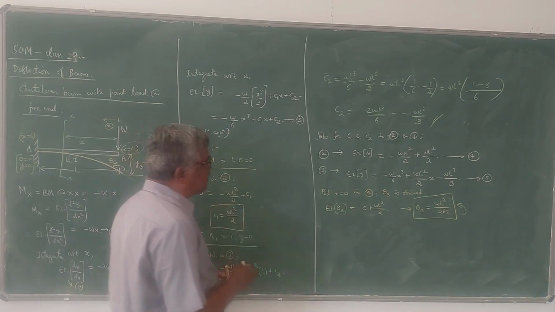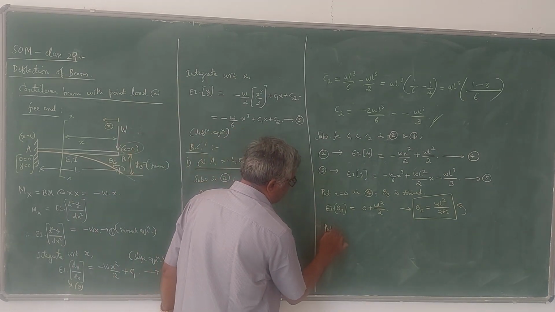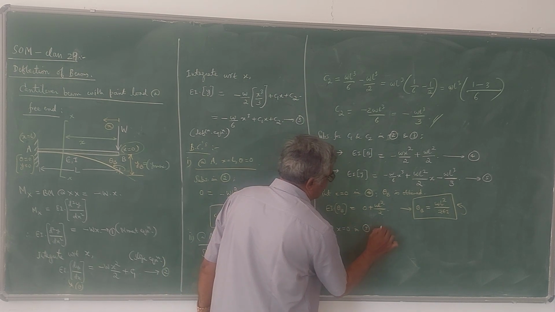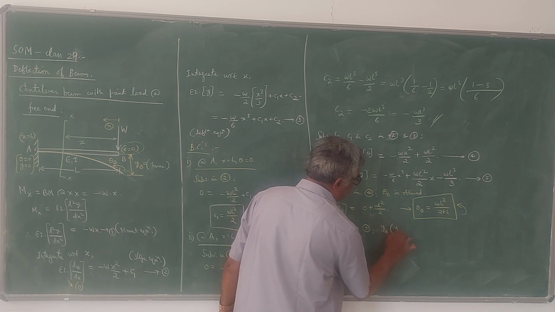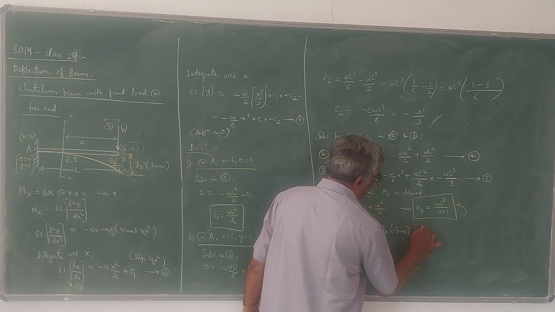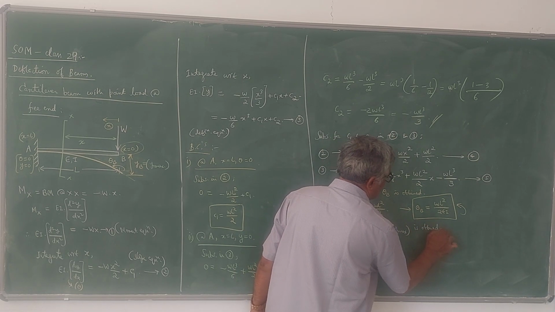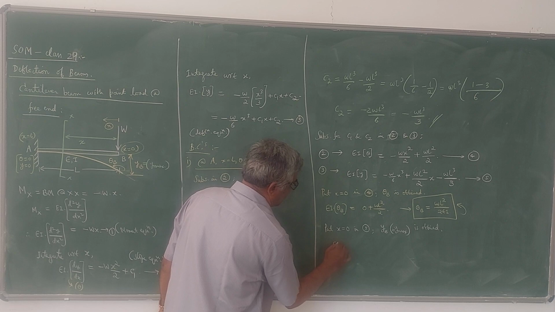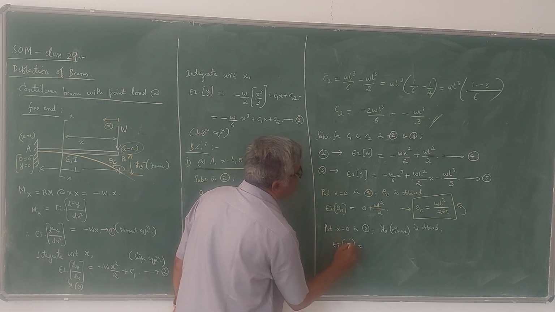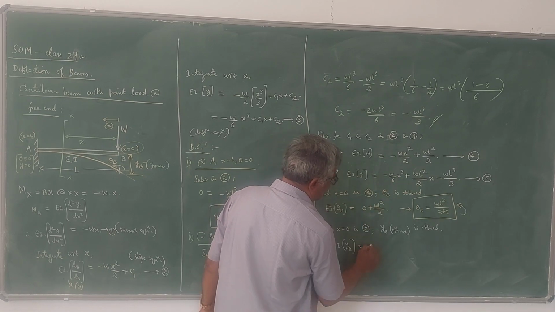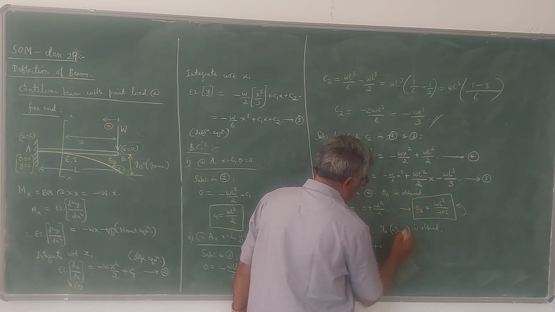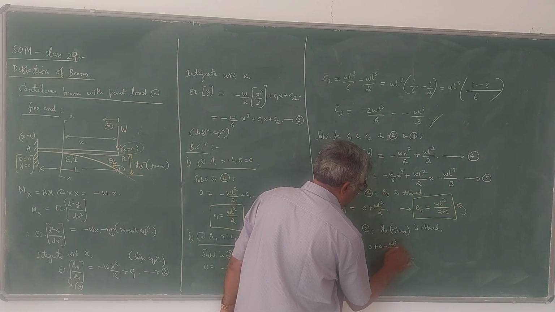Next, if you put x is equal to 0 in equation 5, you can get yb or y max. Maximum deflection occurs at the free end only. Now the LHS becomes EI into yb or y max is equal to, here x is equal to 0, first term is 0, second term also becomes 0 because it involves x, minus W L cube by 3.